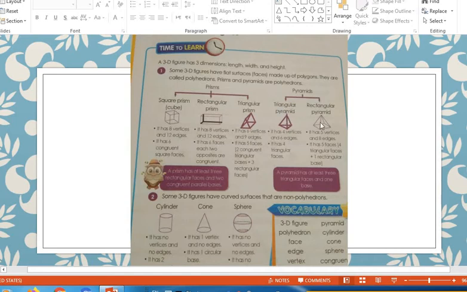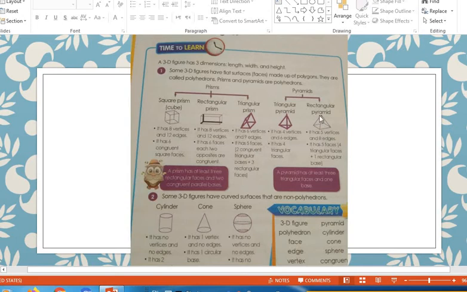Pyramids. I have here 2 kinds of pyramids: triangular pyramid and rectangular pyramid. Triangular pyramid has 4 vertices and 6 edges. It has triangular faces. Rectangular pyramid has 5 vertices and 8 edges.